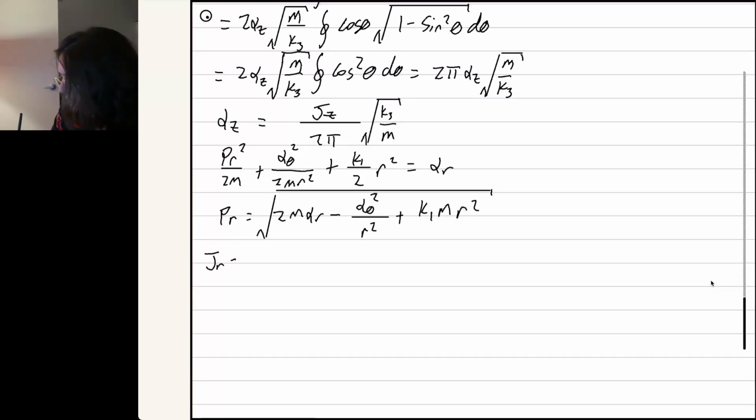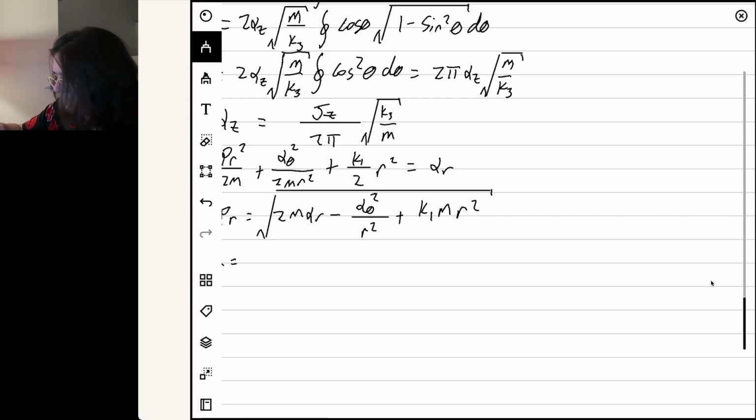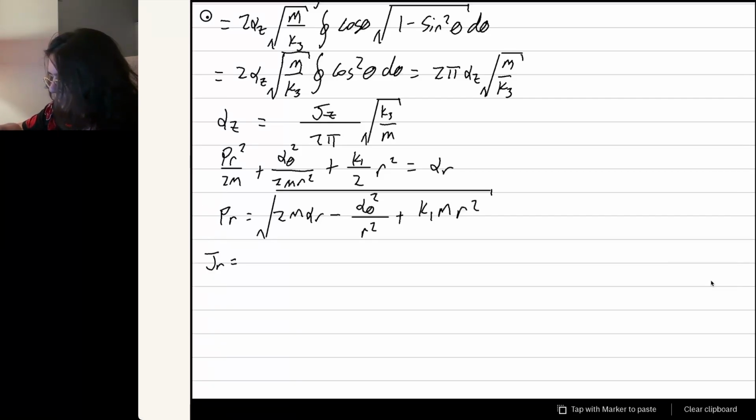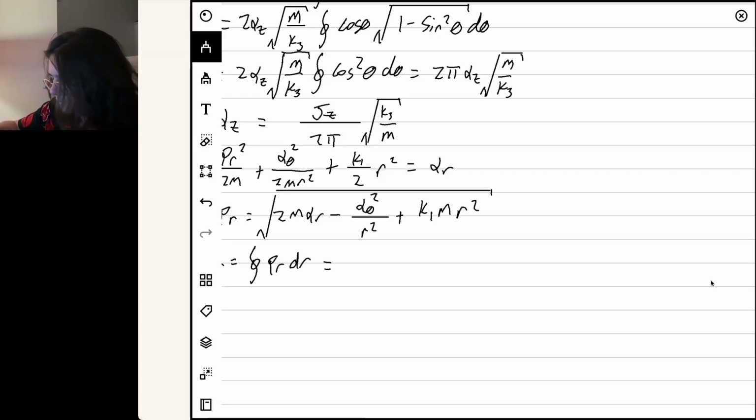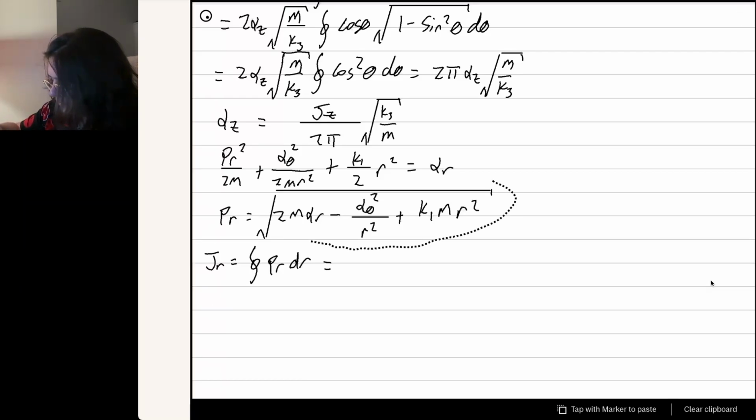So the action Jr will be, right, we're going to be integrating over a closed loop of pr dr, which is this junk here. Copy, paste.